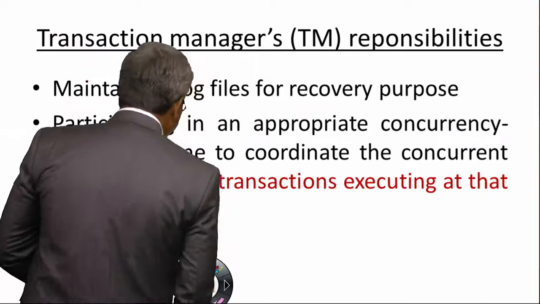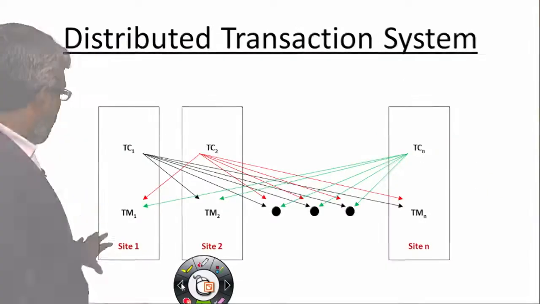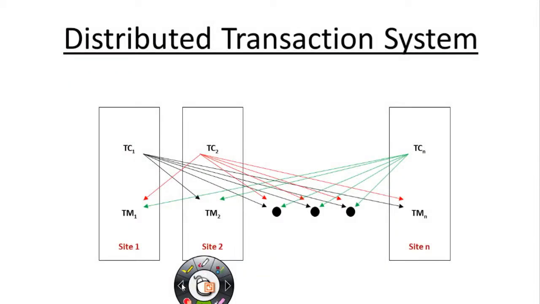For example, now this person is requesting some data at site 1. Now the data are residing in site 2 and site 3. In that case, the transaction manager of site 1 is not responsible. The transaction coordinator of site 1 is responsible.